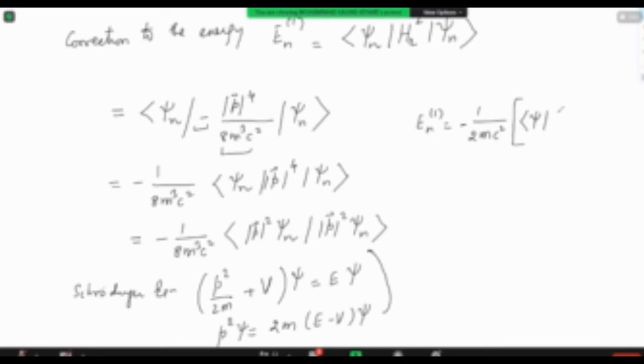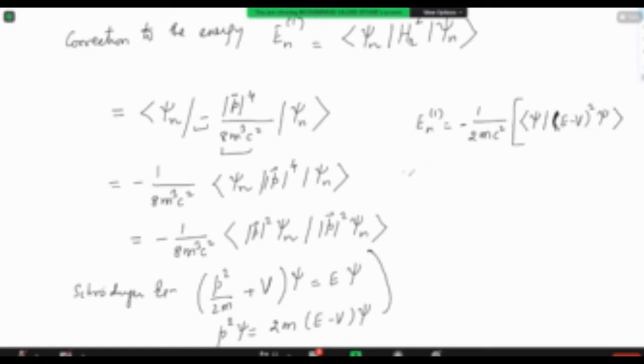Therefore, I can write it as expectation value of (E minus V) whole square. And that means this will be E square minus twice E V plus V square.